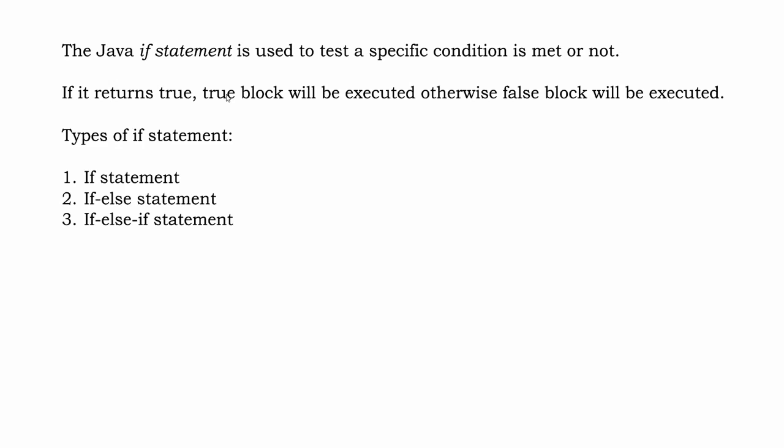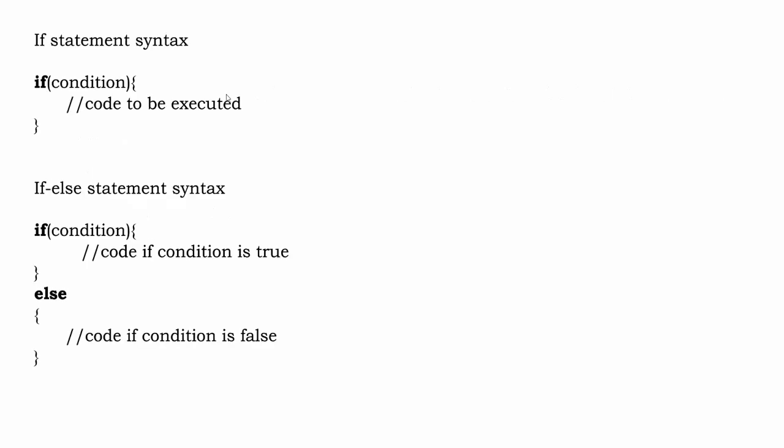In case of if else if, there will be multiple else if statements. So let's understand the syntax of it. In case of if statement, it will be just if and then a condition. If that condition matches, then it will execute this particular code. Otherwise, it will come out of the loop.